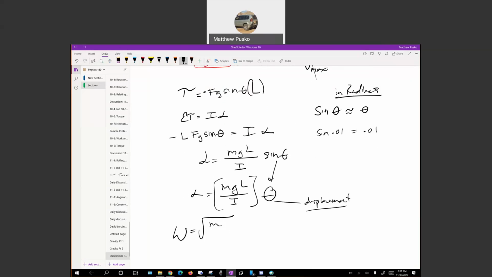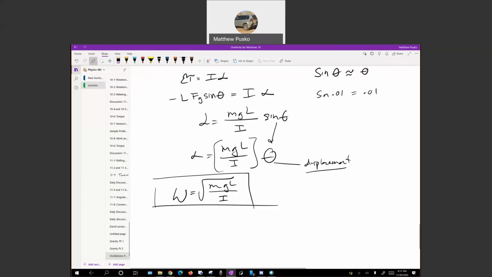If we take the stuff in front of it and take the square root of it, that'll give us the frequency for our system, so how fast it's oscillating, how many radians per second. Then we can say that the period is equal to 2 pi times the square root of I over mgL.